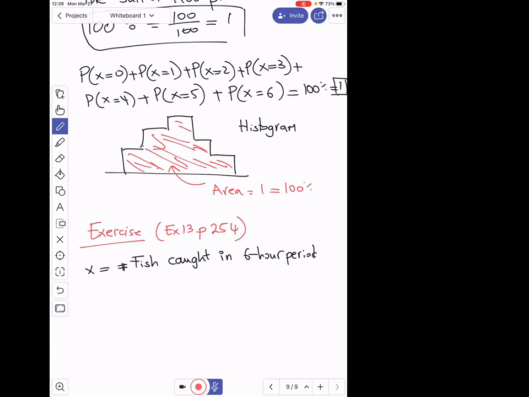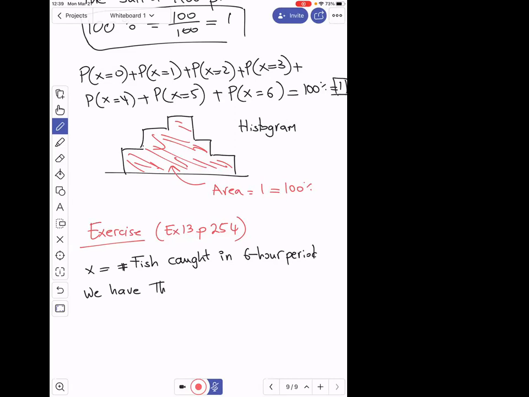So the P of x, well, so we have the following. Let me see how many fishermen.